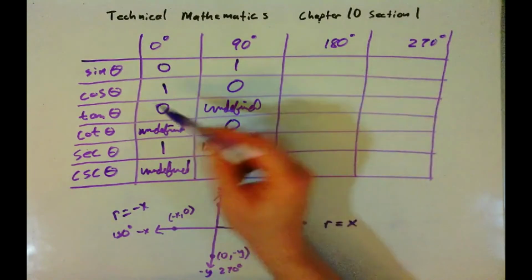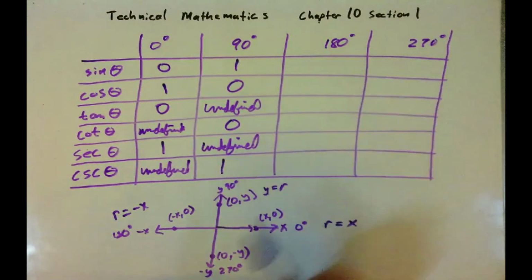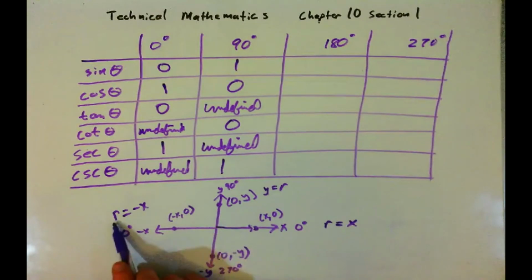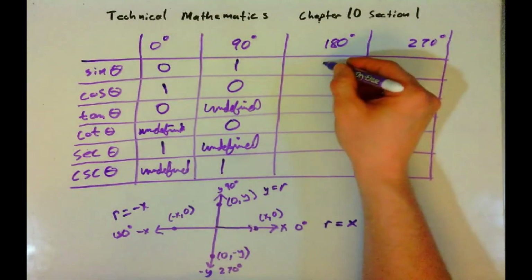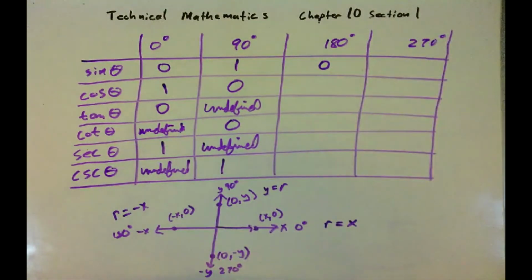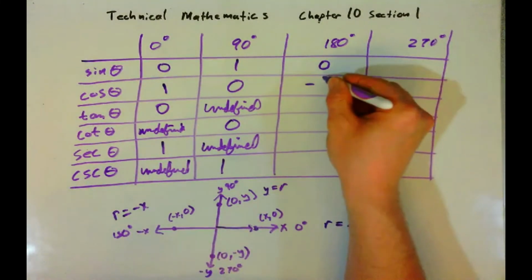And so for 180 degrees, the sine is the opposite, or the y value, divided by the hypotenuse, which is always positive. But at 180 degrees, the y value is 0. So 0 divided by some positive hypotenuse is 0. The cosine is going to be the x value, which is negative over here, divided by a positive hypotenuse. And since they are equal in magnitude, when we divide them, one of them is positive, one of them is negative, we will get negative 1.